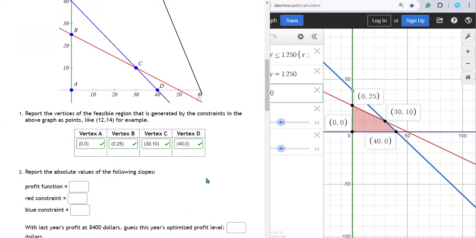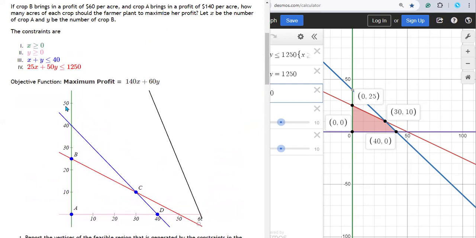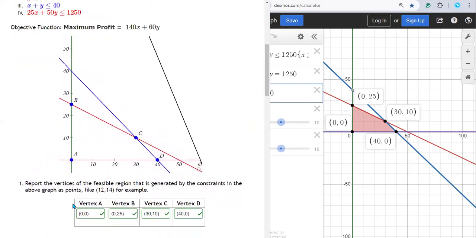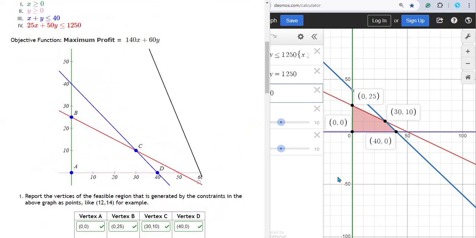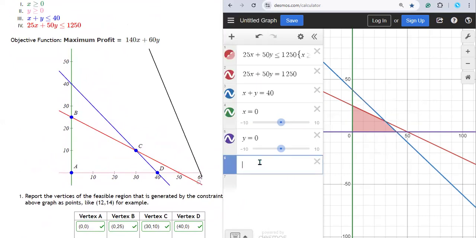Report the absolute values of the following slopes. Now, that's y. This green line is y. So in order to calculate the slope, I have to do this. I'm going to call it P for profit equals 140x plus 60y. To get the slope with this being the y-axis, I'm going to solve this for y. To solve it for y, I have to subtract this from both sides. 140x minus 140x, well, that's 0.